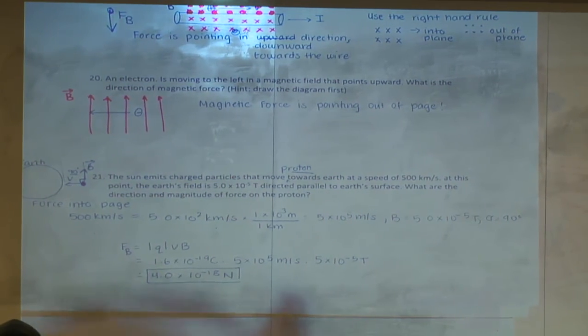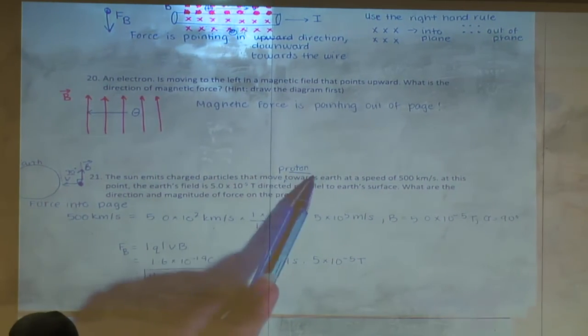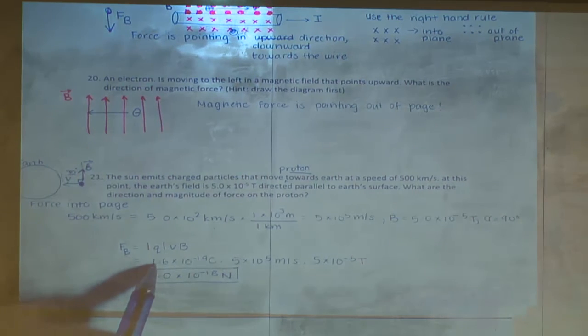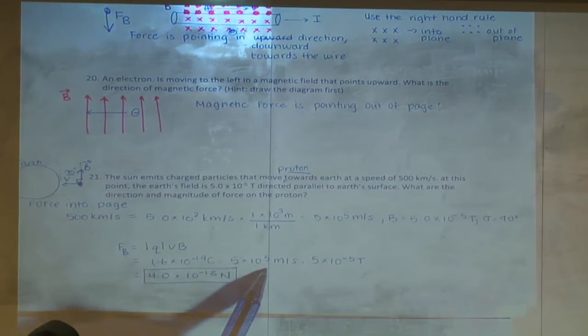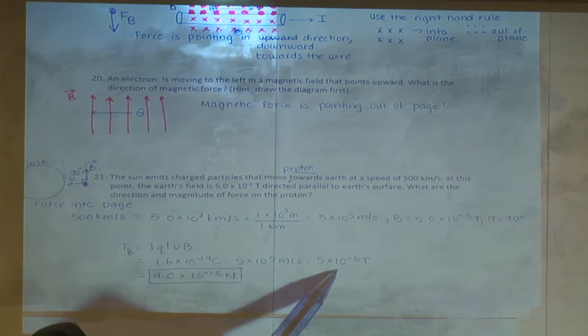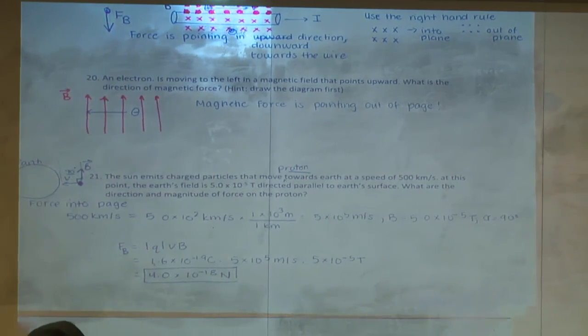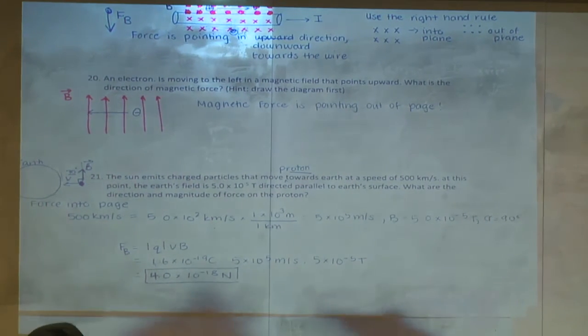Sine 90. Okay, so the charge of a proton, since we know that's a proton, is 1.6 times 10 to the negative 19 coulombs, times the velocity, which is 5 times 10 to the 5 meters per second, times the magnetic field. And that gives us 4.0 times 10 to the negative 18 newtons.